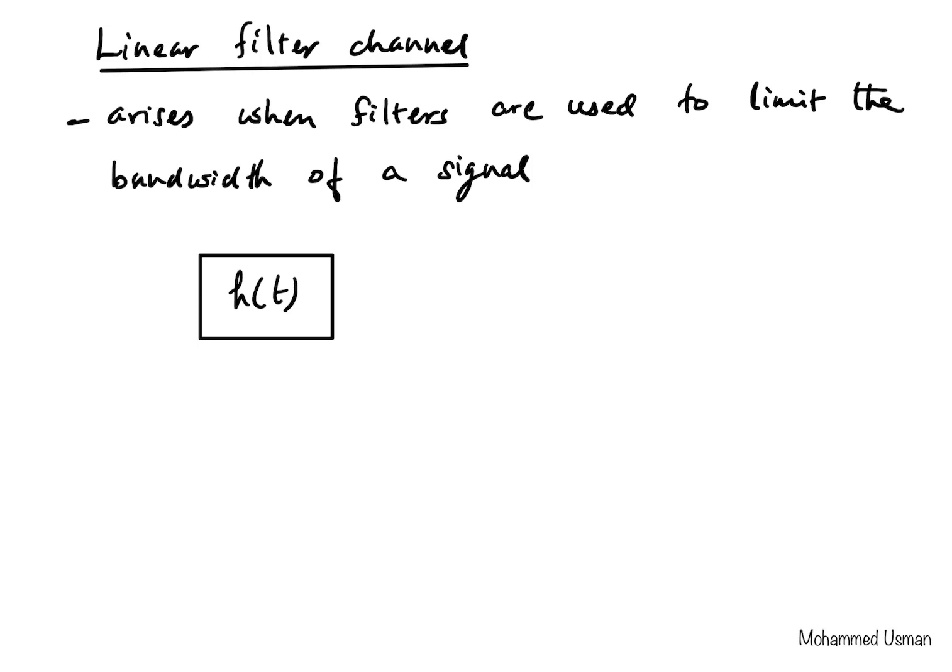And to this there is an input signal, which as usual we call s of t, and the output of the filter gets added with the noise. So the additive noise component is also there. So the noise part gets added here.